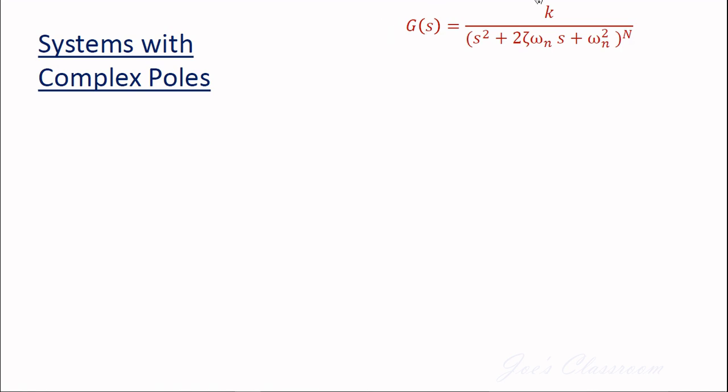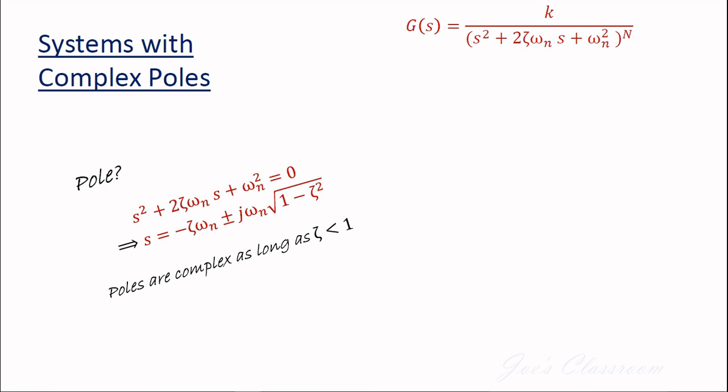In that case, this is going to be the general structure of the transfer function, where k is a real constant and n is an integer. Let us evaluate the roots of this equation, so we know whether the roots are really complex conjugates.